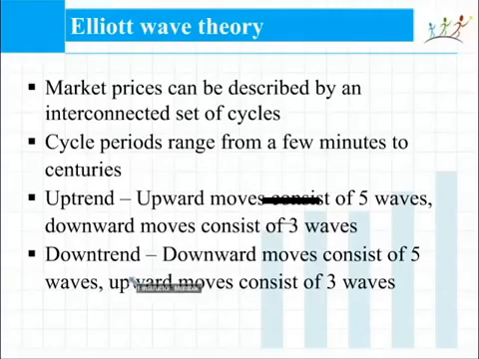So markets move in cycles, with upward movement and downward movement. The trend can be upward if there are 5 up waves and only 3 down waves. A trend can be downward when there are 5 down waves and 3 up waves. Let's understand what this means.